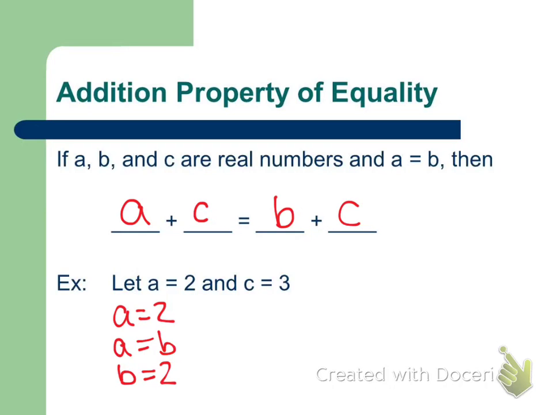So when we go to plug this in, we have 2 plus 3. So plugged in 2 for the A, 3 for the C, equals, we already talked about we're going to have to plug in 2 for B, plus 3. What is 2 plus 3? 5. So 5 equals 5. So if A and B are the same thing, we can add the same number to both sides.